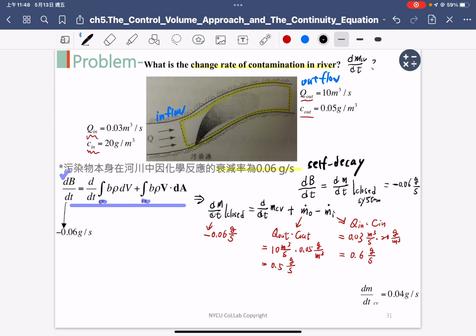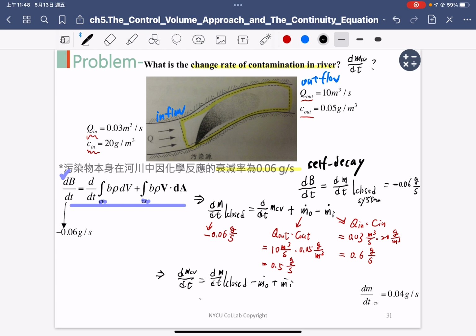Okay, so we can reorganize the equation. The mass in the control volume change rate will equal dm/dt in the closed system minus the mass rate out plus the mass rate in.